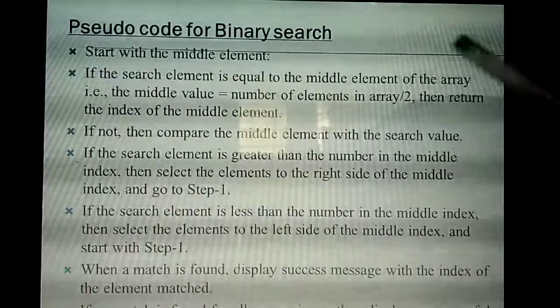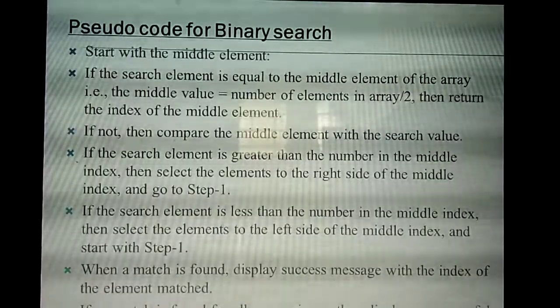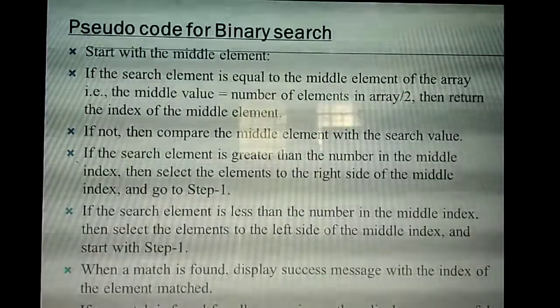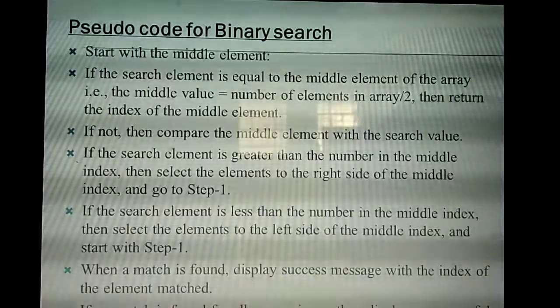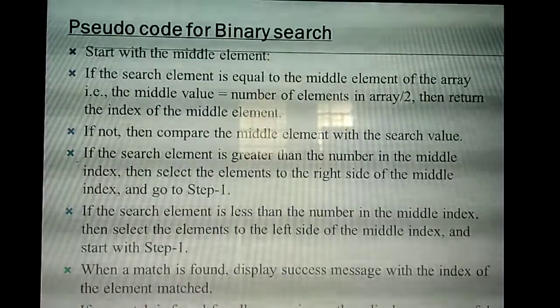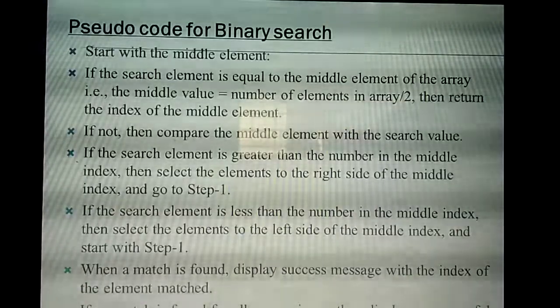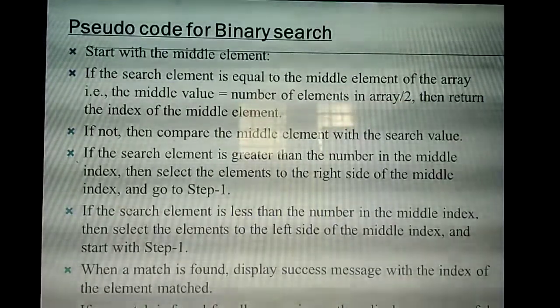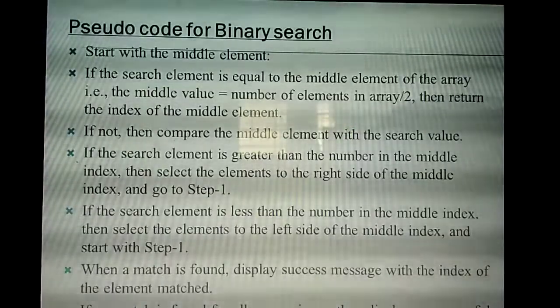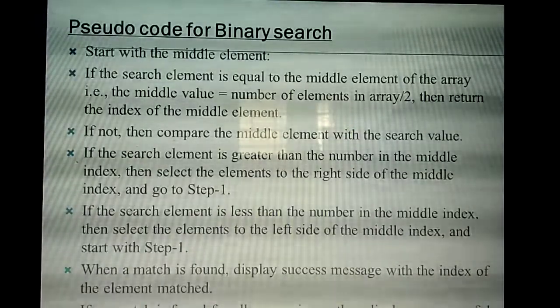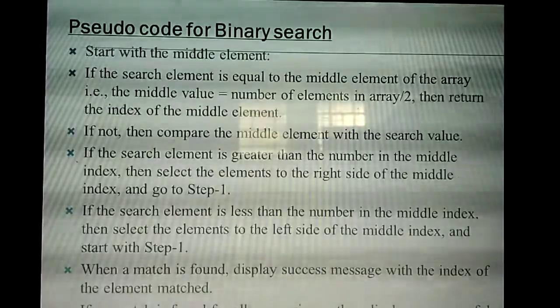Next step, you are going to calculate the middle element, that means the position of the middle element. The formula to calculate the position of the middle is like calculating an average. If there are 5 values, that means 5 by 2, 1 plus 2 plus 3 plus 4 plus 5 divided by 2.